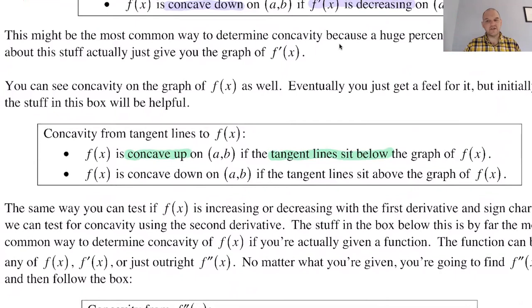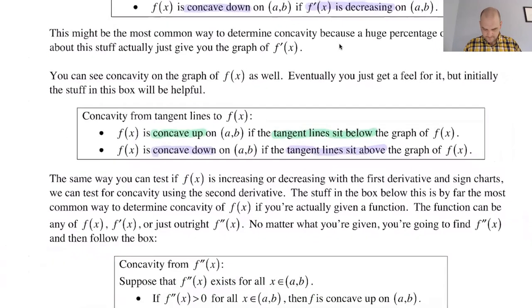Draw some tangent lines, they're definitely below. So concave up, tangent lines below. Concave down, then the tangent lines are going to be above the curve. Negative x squared is maybe the most famous concave down curve. I like to think of the graphs of sine and cosine because they switch concavity, and so you get to see a lot of really useful things.